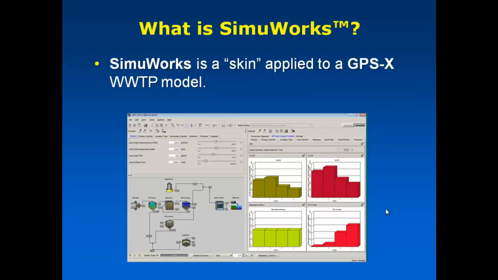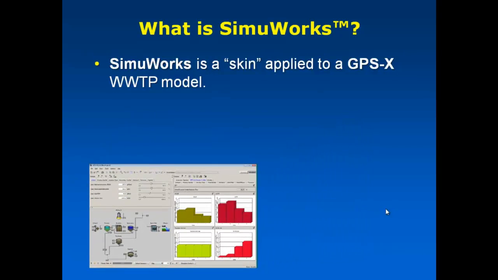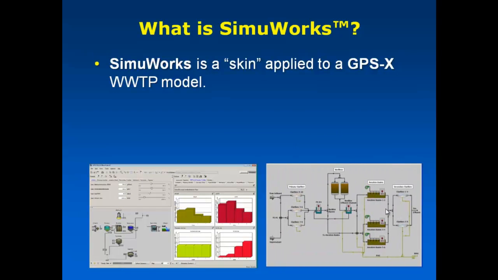So when we're talking about SimuWorks, this is a product that is a skin that is applied to a GPSX wastewater treatment plant model. So if you've got a model that's been developed and calibrated, and you've got it up and running and doing the things that you want it to do, what we can do is be brought in and prepare another customized interface. So this is another image that will be used over top of GPSX.